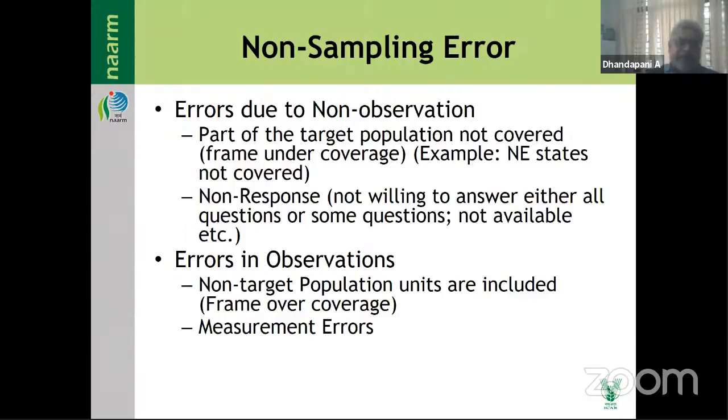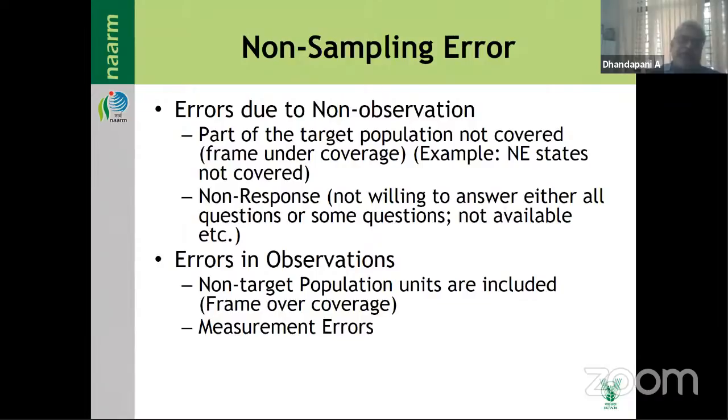The other kind of non-response is where, for a certain question, some of the people have not answered. They answered, say, 80% of your questions, but not the other 20%. In sampling terminology, this is called item non-response. The first one is called complete non-response, and the second one is called item non-response.